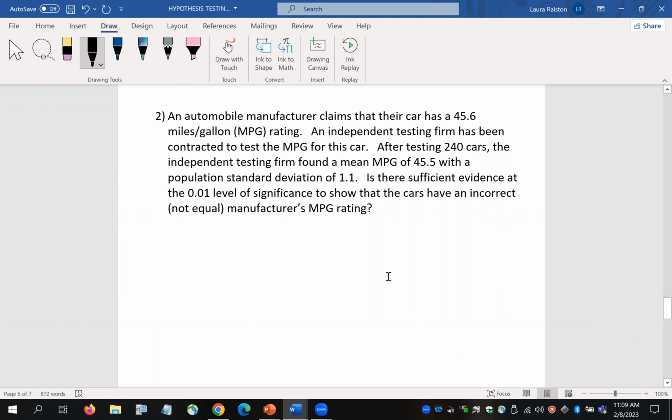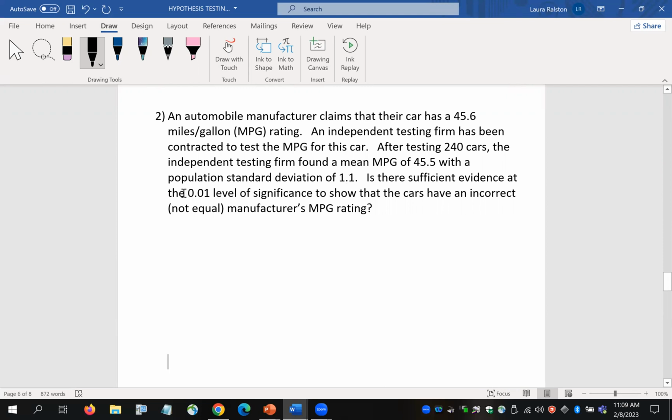An independent testing firm has been contracted to test the miles per gallon for this car. After testing 240 cars, the independent testing firm found a mean miles per gallon of 45.5 with a population standard deviation of 1.1.